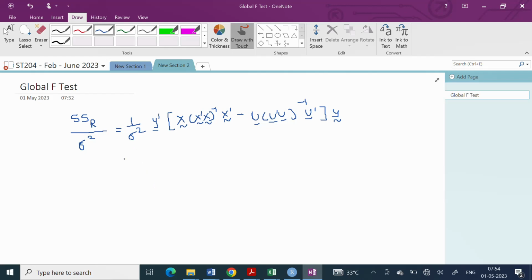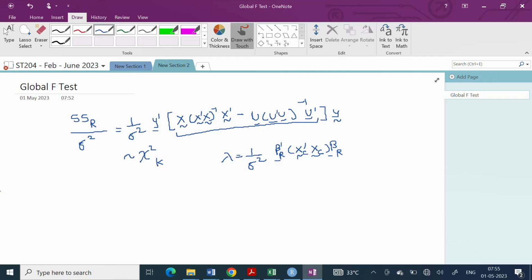This is a quadratic form and it follows chi-square with k degrees of freedom, because this matrix we showed is idempotent, and the non-centrality parameter for this chi-square was lambda equal to 1 upon sigma square beta R prime Xc prime Xc beta R. That was the non-centrality parameter.